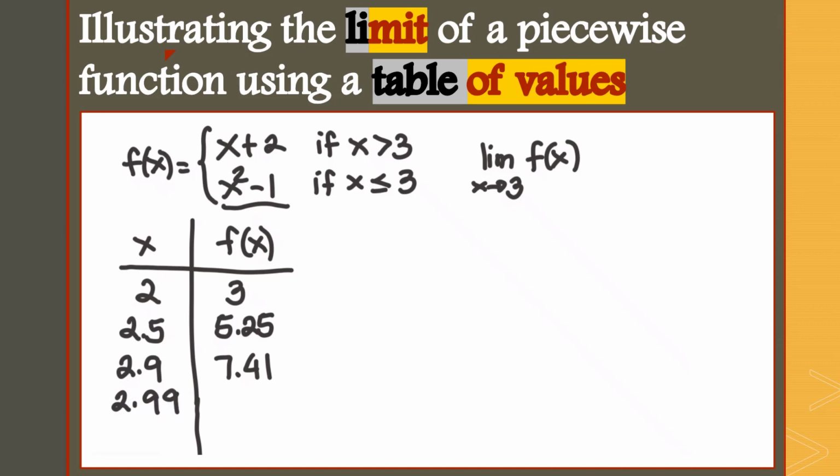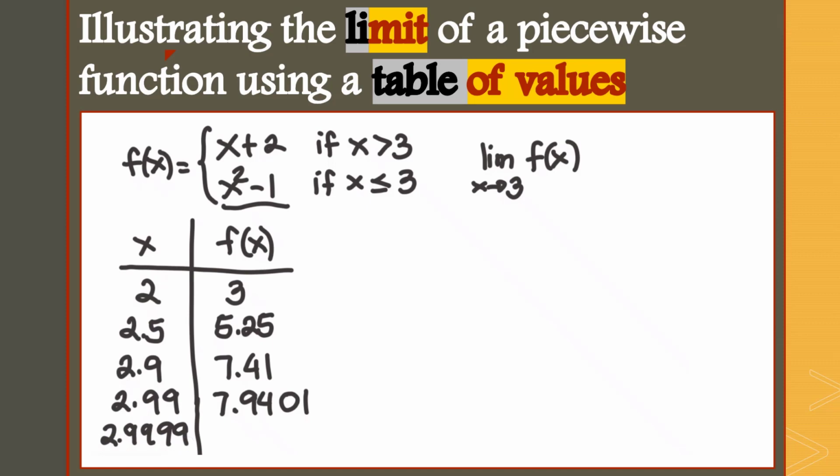We're getting closer to 3, but we will not touch 3 because that's the idea of the limit. So 2.99 times 2.99 is 8.9401, minus 1, and you will have a result of 7.9401.